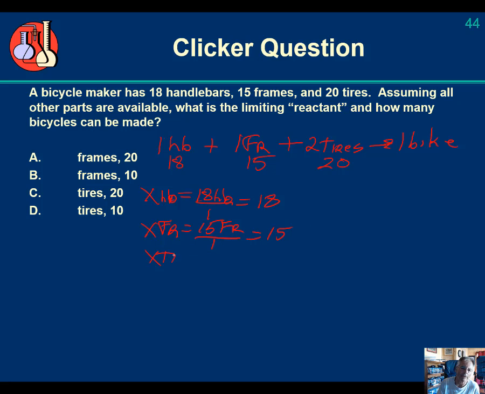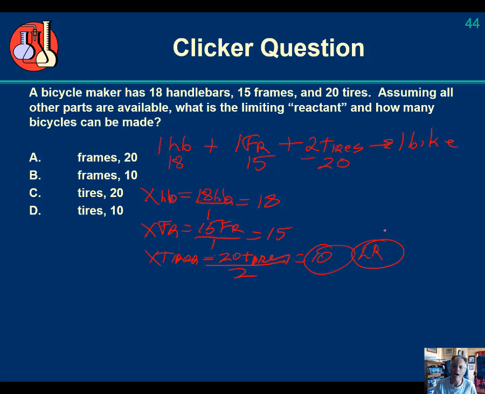So this is X tires, and I've got 20 tires, which I'm going to divide by 2, its coefficient, and that gives me 10. So this is a really simple method. All you have to do now is look at the smallest number, and the smallest number is 10. That is going to be my limiting reactant.